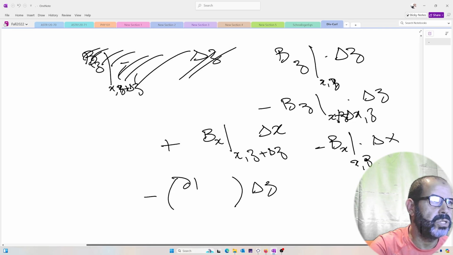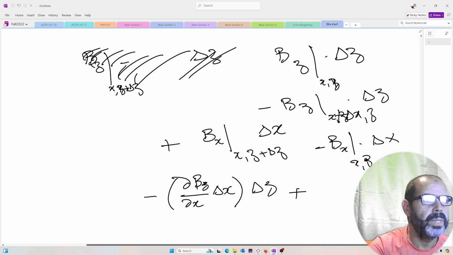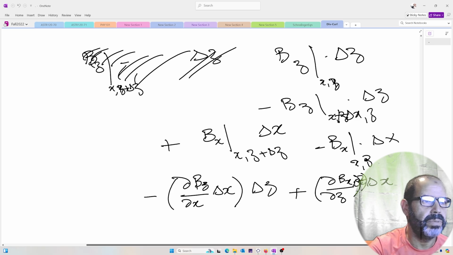So that's going to be the partial of bz with respect to x, because x is the one that varies, times delta x. Again, plus, this is bx now, times delta x out. So it's the partial of bx with respect to z that has changed, of course, times the amount delta z.